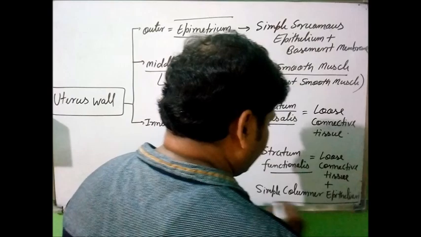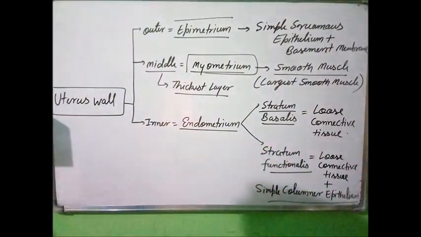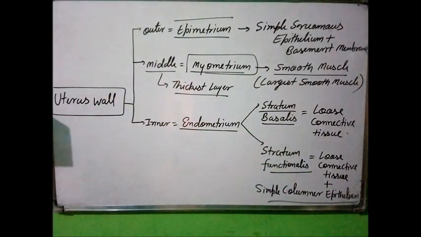Some of the cells of this columnar epithelium behave as a gland. Those cells are called uterine glands, which are responsible for the secretion of a glycogen rich solution called uterine milk.